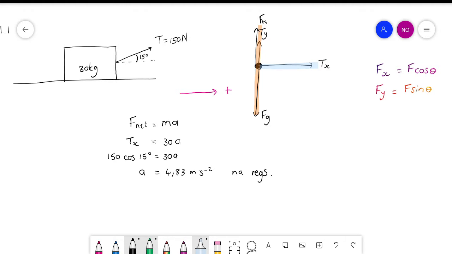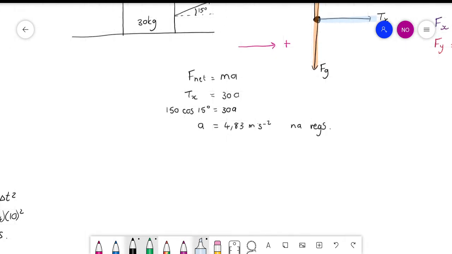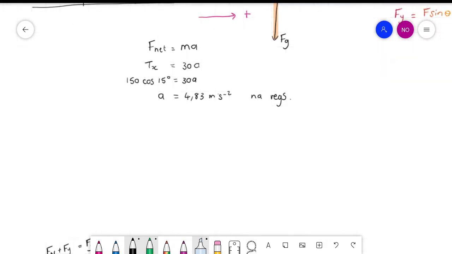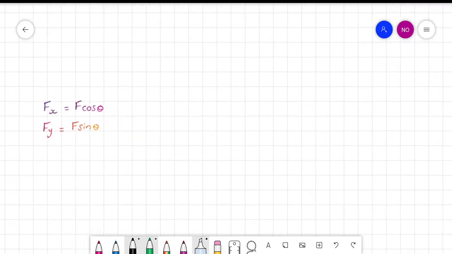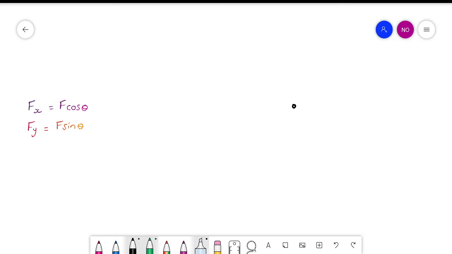Goed. Dan 1.2 wat julle ook gehad het vir huiswerk, sê hulle vir jou bereken die versnelling indien die oppervlakte verander en daar nou 'n wrywingskrag van 24 Newton is. So my free body diagram is going to look exactly the same, behalwe hy kry nou daai wrywing by.